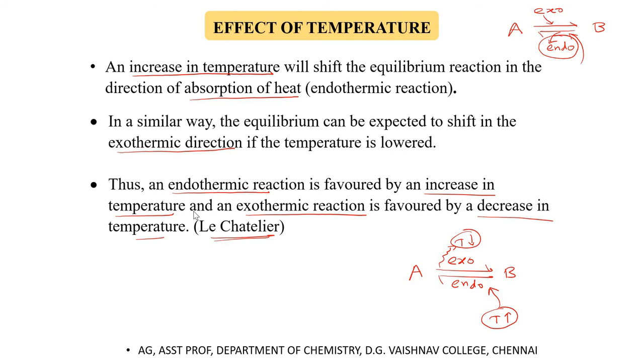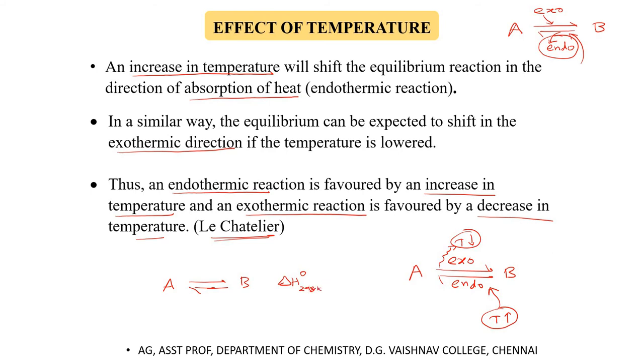Before proceeding further, I would like to give one more piece of information here. Suppose I have A giving B and B giving back A. In an equilibrium reaction, consider the delta H that is given here. You know very well, at equilibrium we use the standard enthalpy change of the reaction, and we usually keep the temperature as 298 Kelvin.